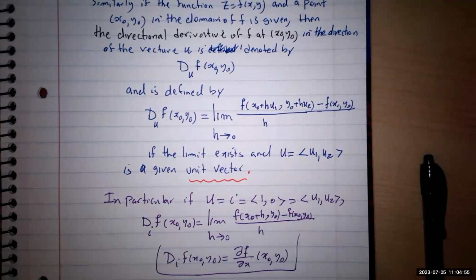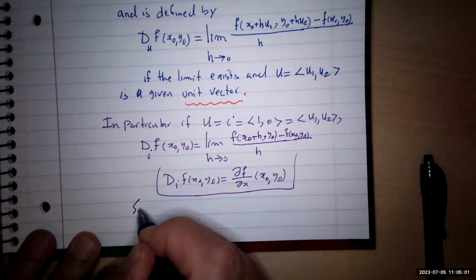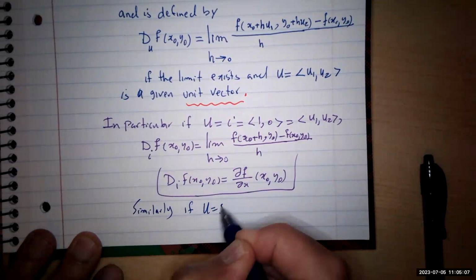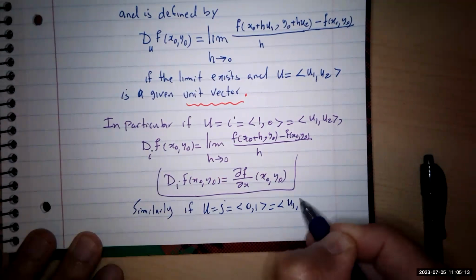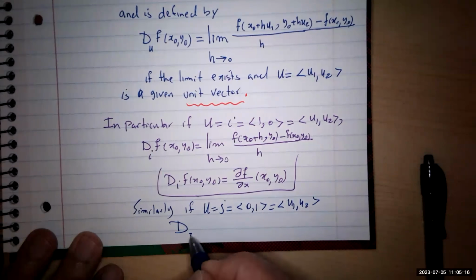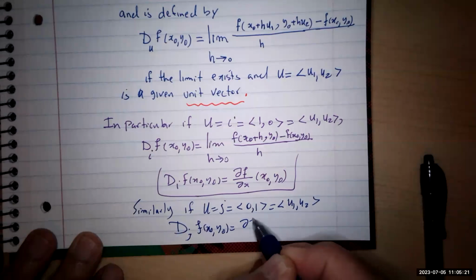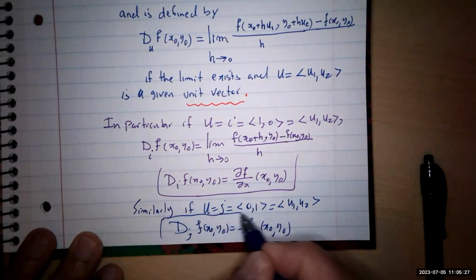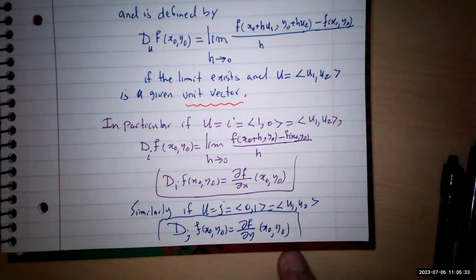And similarly, if you let your unit vector be j, which is (0, 1), and you pick these as u1 and u2, the directional derivative in the direction of j of f at x0, y0 would change to the partial derivative with respect to y at x0, y0. So the directional derivative is in fact the extension of the partial derivatives. Any question?